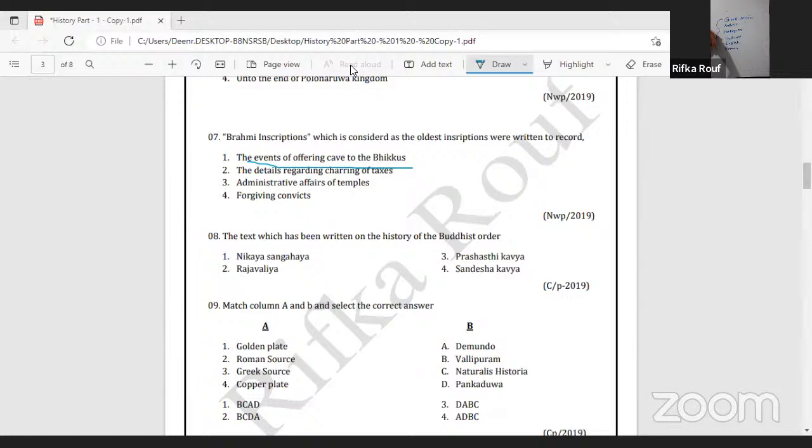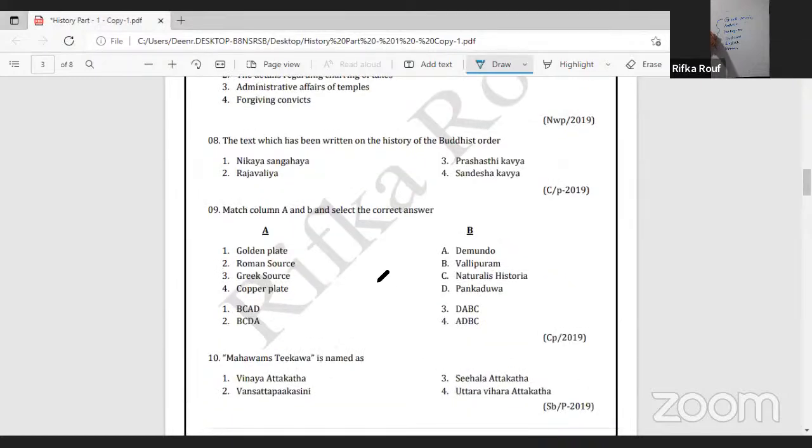So the next one, the text which has been written on the history of the Buddhist order. There are a number of options here: Nikaya Sangrahaya, Rajavaliya, Prashasti Kavya, Sandesha Kavya.